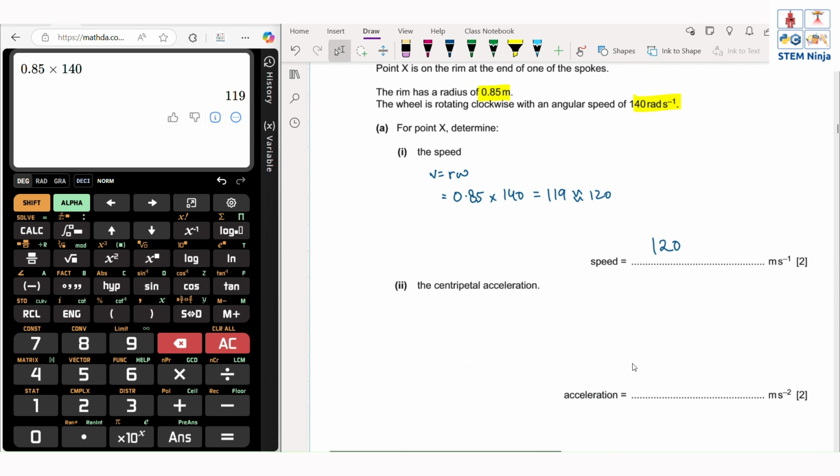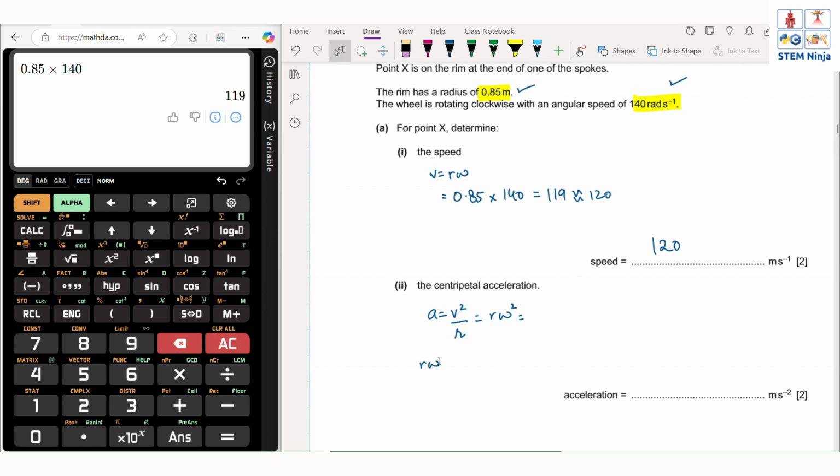All right. Centripetal acceleration. We can find it out by v squared over r. V we have already found out, you can use 119 also. You could use r omega squared also. Either way it's fine, but since we were given r and omega, it would be better to use those values instead.